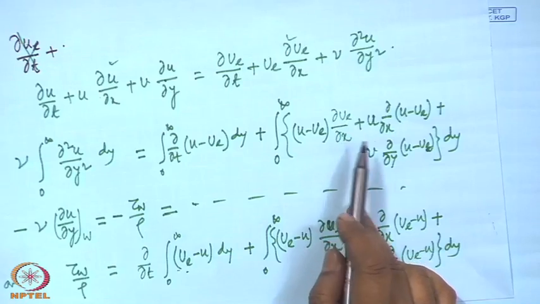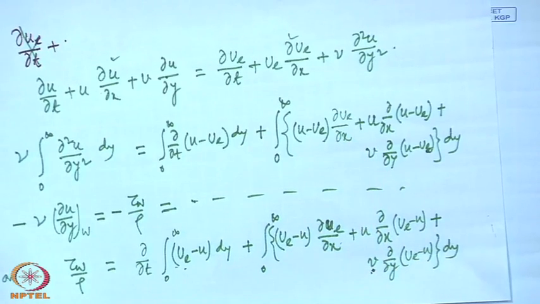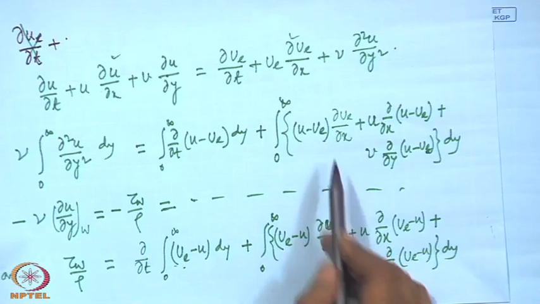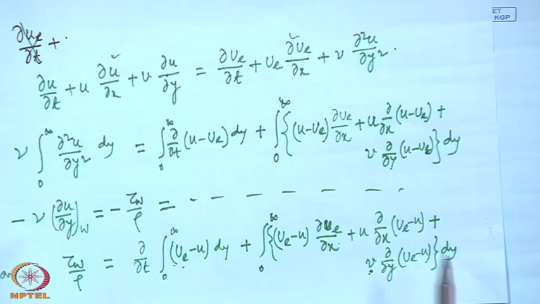du e dx is not a function of y, so it comes out of the integration. So, what remains is u e minus u with respect to y, and what is u e minus u integrated? Again u e into delta star. So, this term becomes u e into delta star into du e dx. Okay.